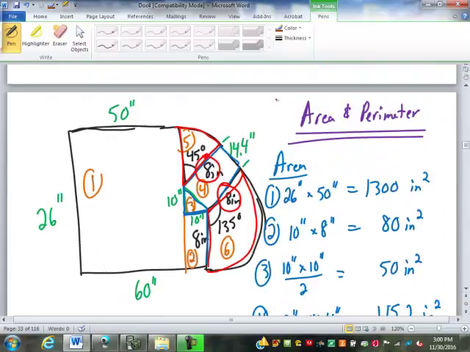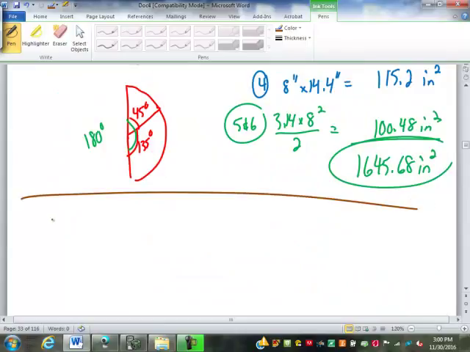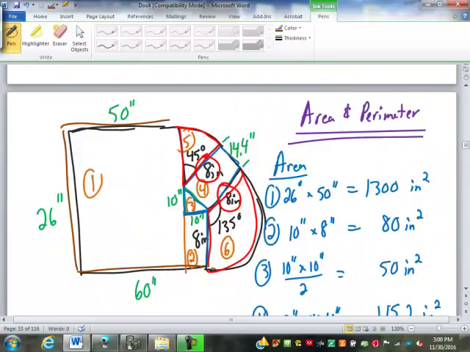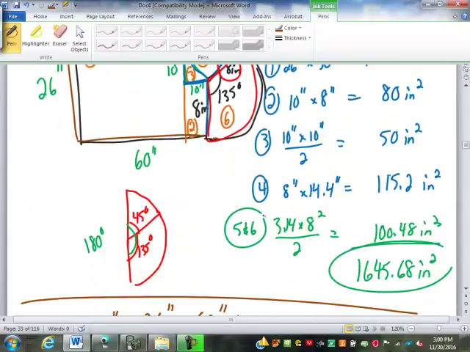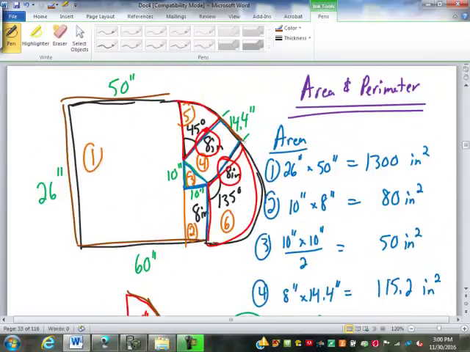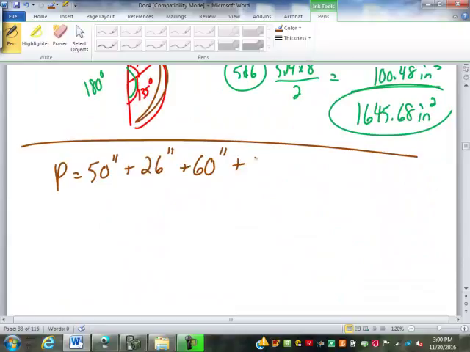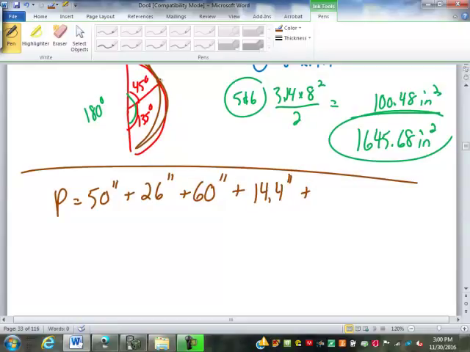Perimeter, I know I cut you really short on that. The perimeter here, 50 plus 26 plus 60. Plus, again, I'm going to put the two circles together to make a full half circle. So all I need is this distance around here for that. So I'm going to go ahead and add in this 14.4 right here. And now I got to find the arc length of that half circle.